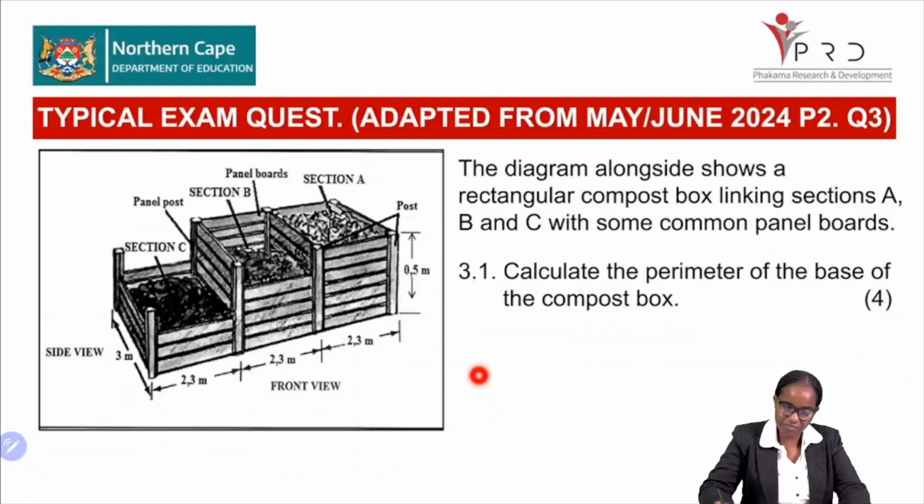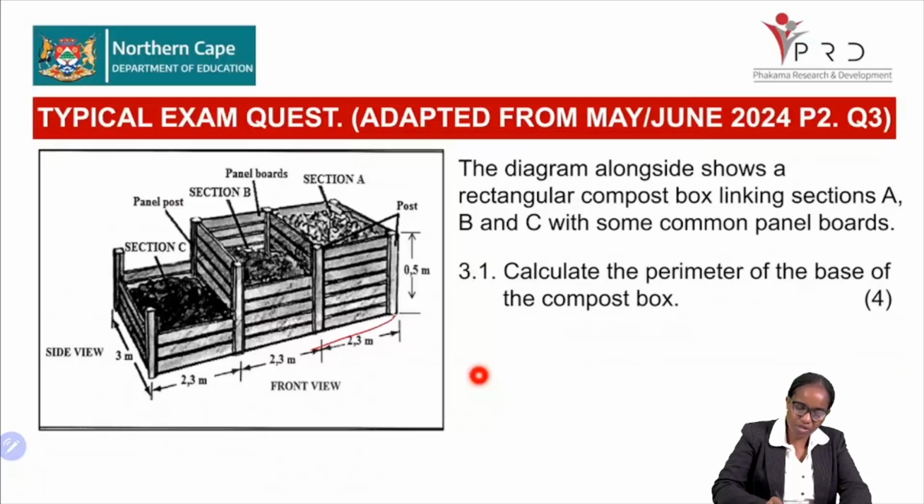The diagram shows a rectangular compost box linking sections A, B, and C with common panel boards. Calculate the perimeter of the base of the compost box. Remember we said perimeter is the distance around a shape. So we want to calculate this distance at the bottom, the base of the compost box.